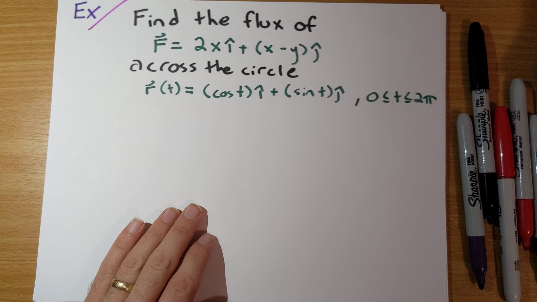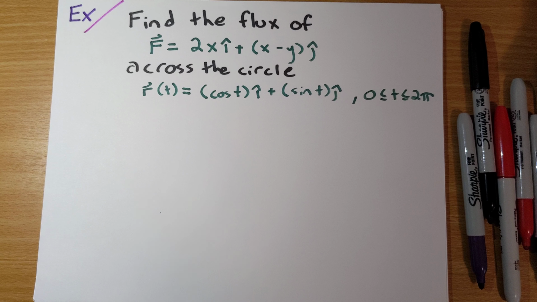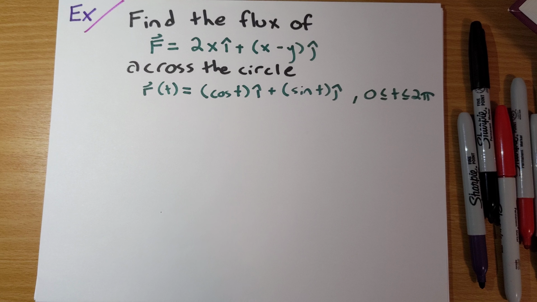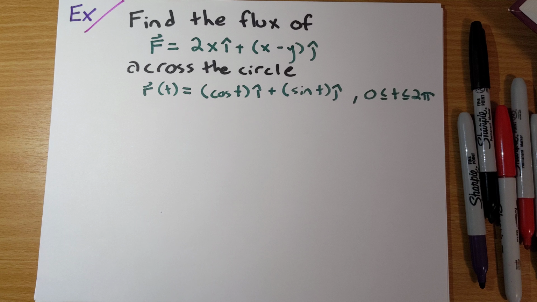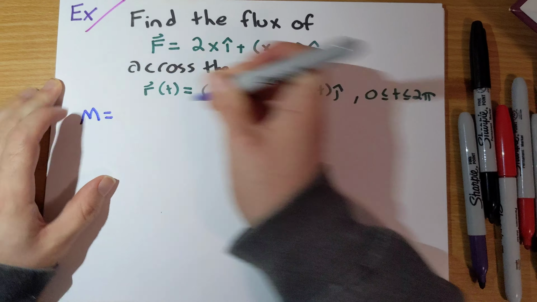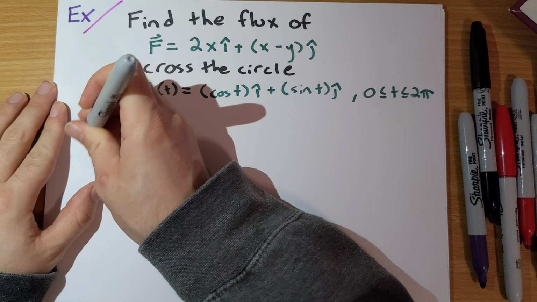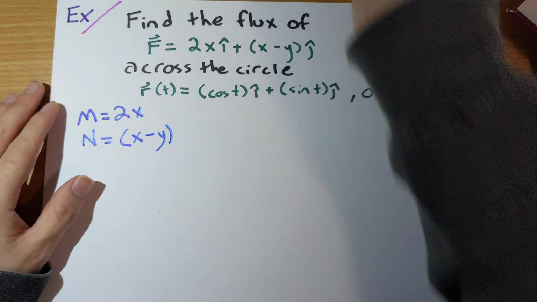So let's take a look here. Find the flux of F equal to 2x i hat plus x minus y j hat across the circle r of t equals cosine t i hat plus sine t j hat, where t runs from 0 to 2 pi. Okay, this is a counterclockwise oriented circle that goes around exactly once. Here our m is 2x, and our n is x minus y.